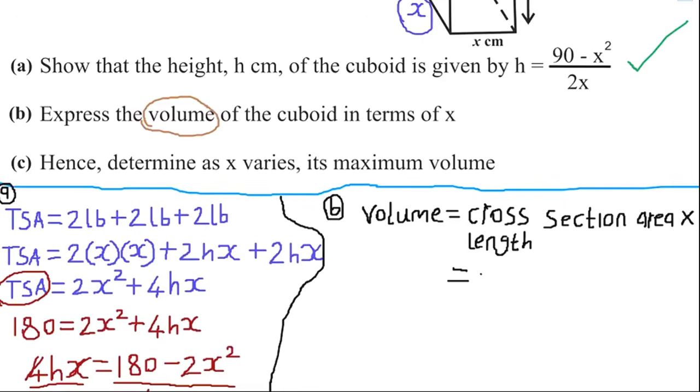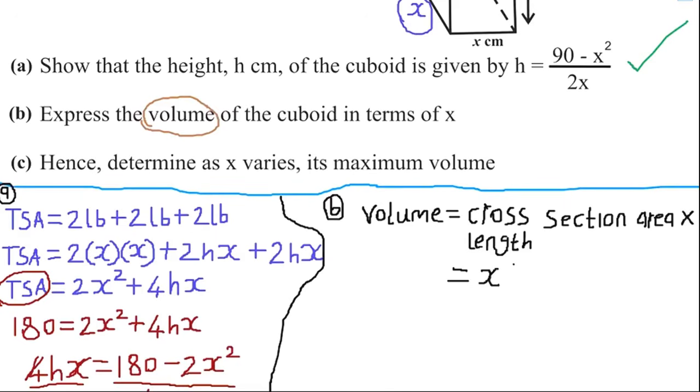In this case, you can select the base which is a square, or you can select the rectangle on the left, or on the right, or any part. You can select any cross section area of any shape in the cuboid, but in this video tutorial we selected the square base.